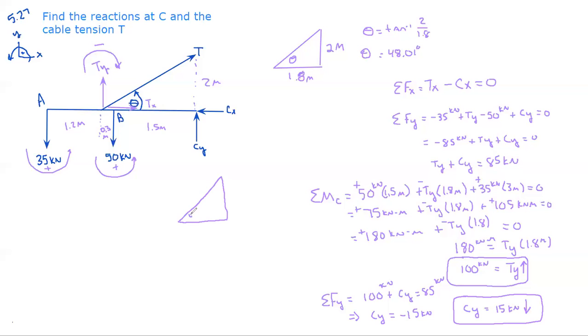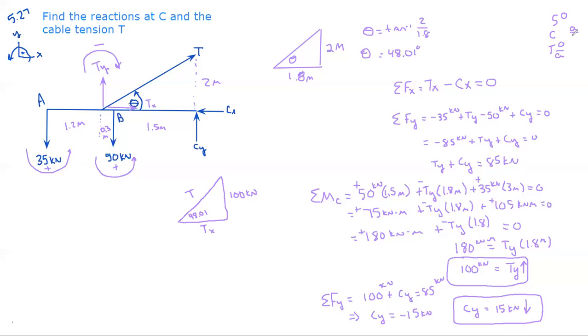and theta was 48.01. TY was 100 kilonewtons. We can use that to find T, and TX for that matter. Let's see here. Let me go over here where we've got room. Sine, cosine, tangent, opposite, adjacent, opposite over adjacent.